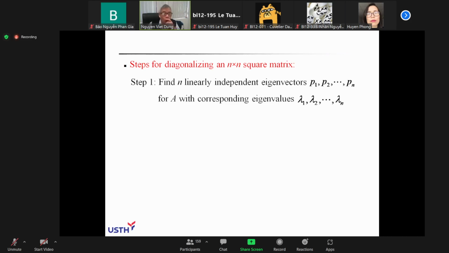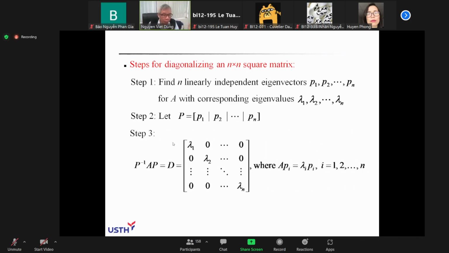The next step will be, so whenever you have found n linearly independent eigenvectors in the first step, all you have to do in the second step is put them side by side as columns, like that. You get a matrix P. And because those vectors are linearly independent, you know that P is invertible.